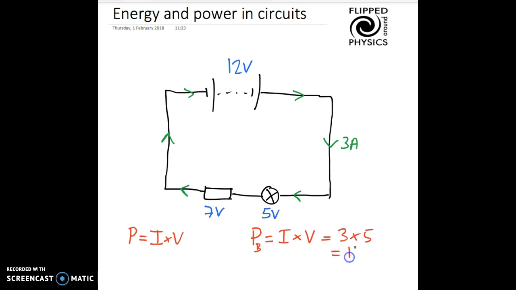So we get 15 watts. And we could do the same for the resistor. The power of the resistor producing heat equals I times V equals, again, the same current, 3 times 7 equals 21 watts.